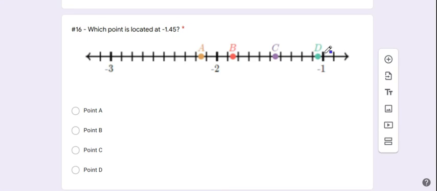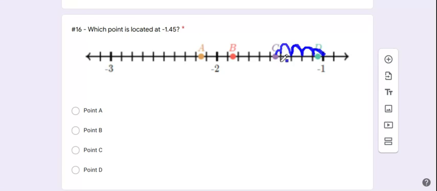So I would say negative 1, negative 1.1, negative 1.2, negative 1.3, and so on until I get to negative 2. I want the point at negative 1.45. So negative 1.1, negative 1.2, negative 1.3, negative 1.4, and a half more. So this is negative 1.45, right?